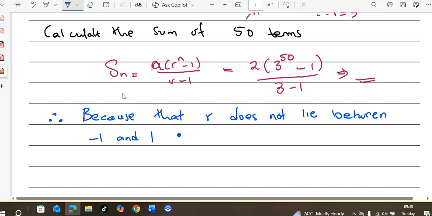So we can conclude that the sequence does not converge. Why? Let's go back.